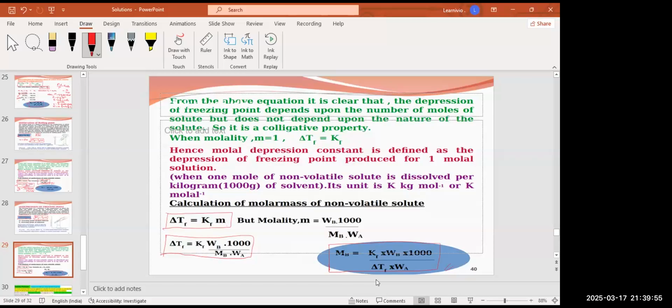What is molality? The number of moles of solute divided by the mass of solvent in grams. So when you substitute these values in this equation, you will get this equation. And after interchanging the delta TF and MB values, you will get the formula for molar mass of solute. By using this formula, you can find the molar mass of non-volatile solute.